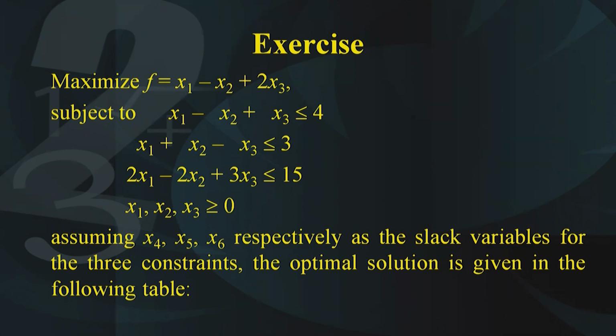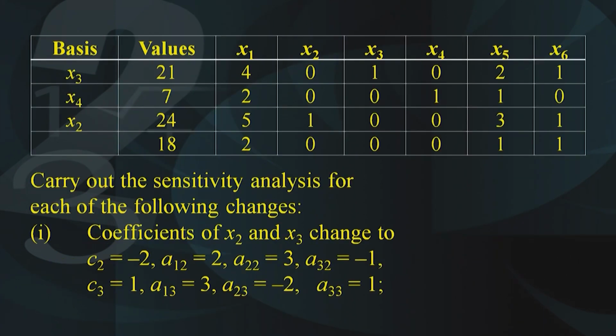Assuming x4, x5 and x6 respectively as the slack variables to the 3 constraints, the optimum solution is given in the following table. Now, this is a table that is given. I think this is the same table as in the previous lecture.